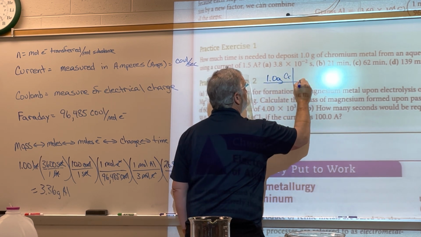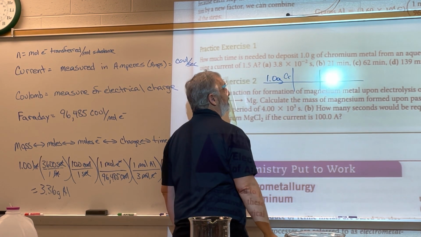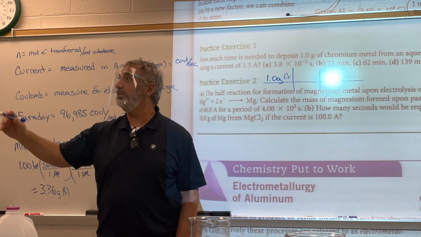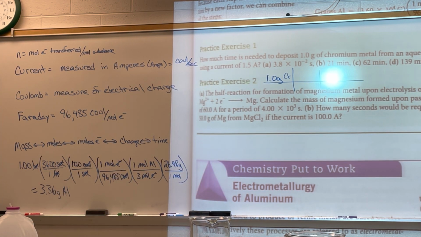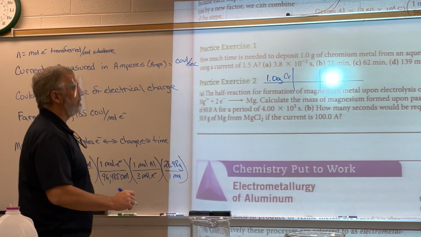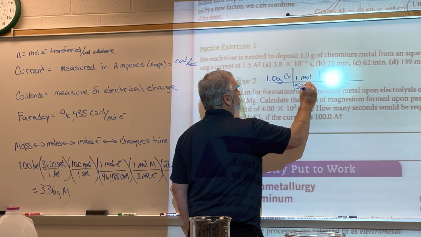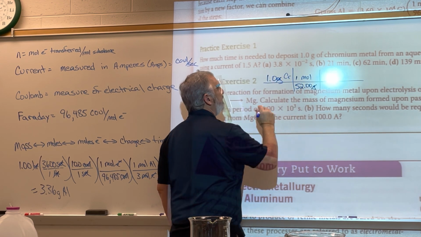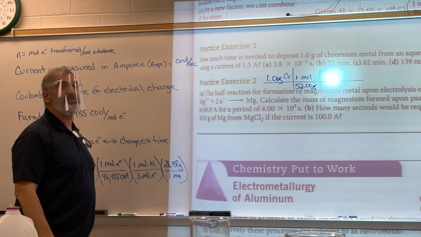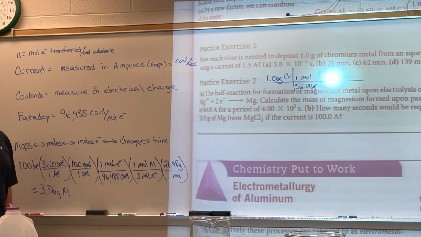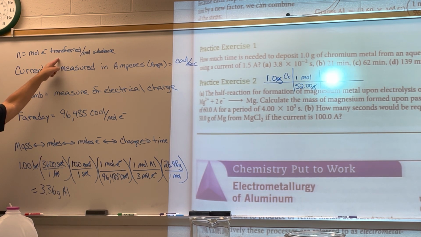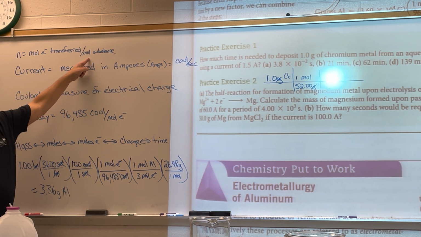What do I need to do with that 1 gram of chromium? Convert it to moles. Chromium is 51.996, so I say 52.00 grams. So now I have moles of chromium. What conversion factor has moles of chromium in it? N, moles of electrons per mole of substance. What's N going to equal in this one?